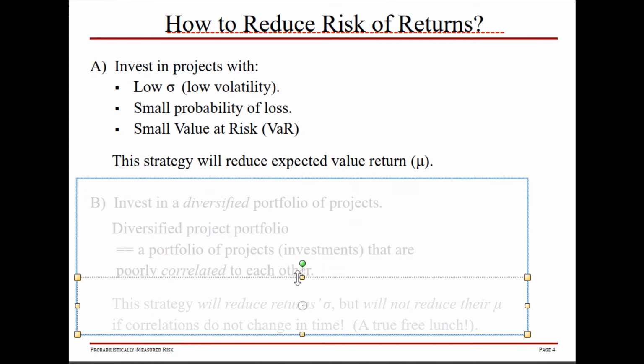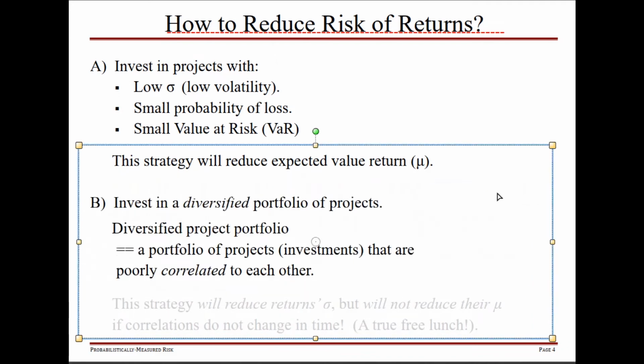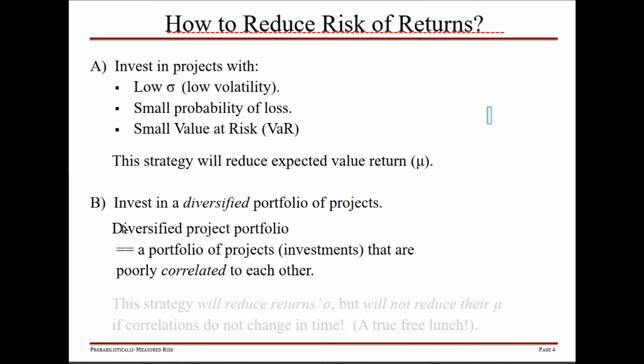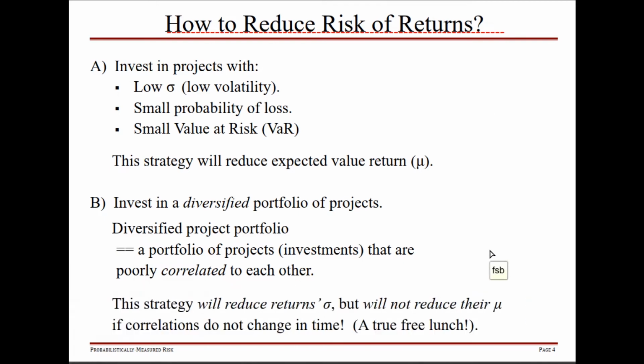So another thing we could do, which would be super cool, is we could invest in a diversified portfolio of projects, a portfolio of projects that are poorly correlated to each other. And the incredible thing about this is this will reduce the volatility and the volatility drag of our total portfolio return, but will not reduce the expected value.